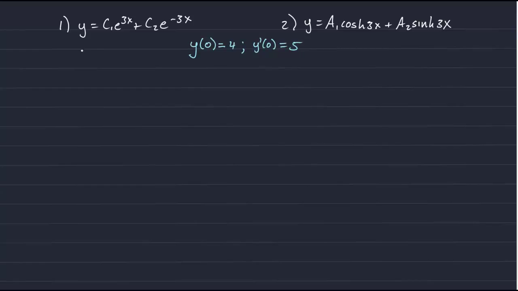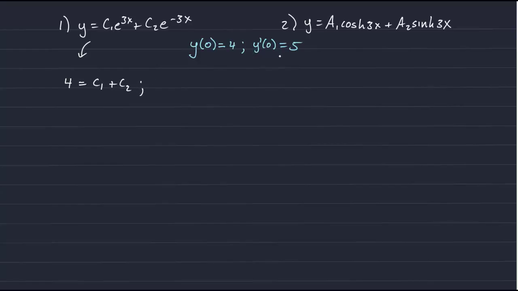So if we use our first method, when we raise e to the 0 power, we get 1. So our first initial condition says that 4, y at x equals 0, is equal to c1 plus c2. That's our first initial condition.